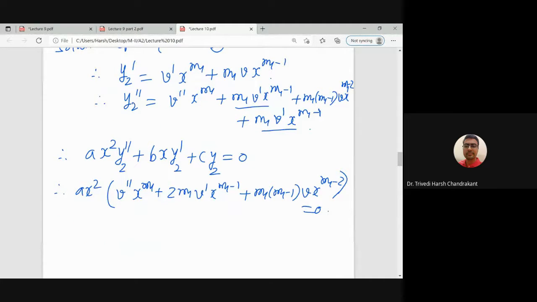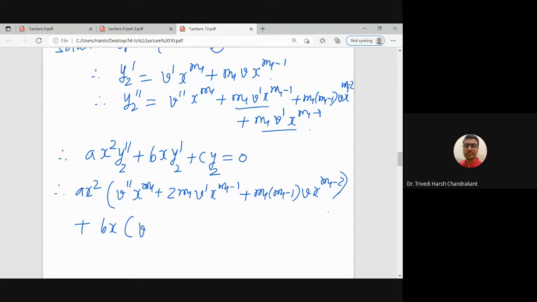So now, this is a x square y2 double dash plus bx times y2 dash.